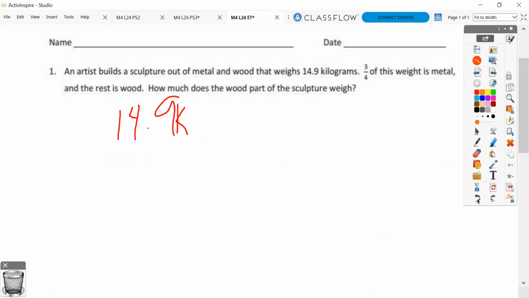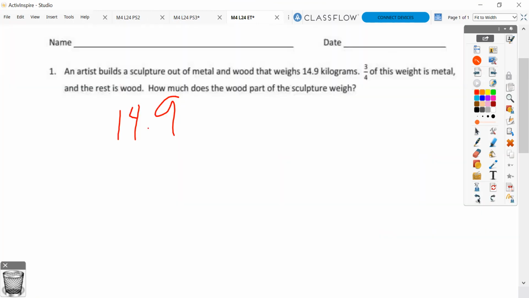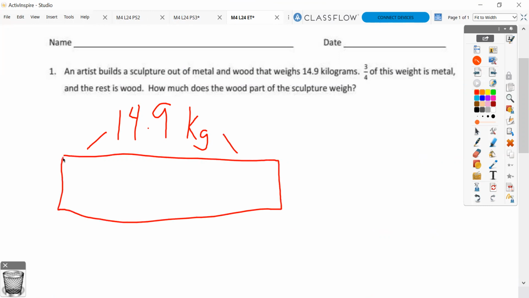Oh, that was a terrible 9, let me get that better. Whoops. 14.9 kilograms. And that's our whole. So let me draw my picture for it. And then 3/4 of it is metal.